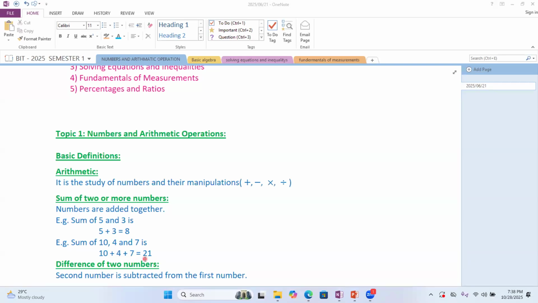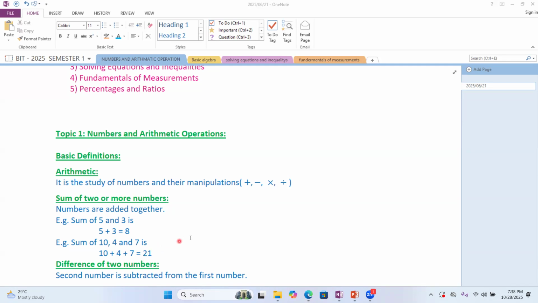These are examples for the sum of 2 or more numbers, right? Addition means the sum of 2 or more numbers. Addition means we add all the numbers given, right?